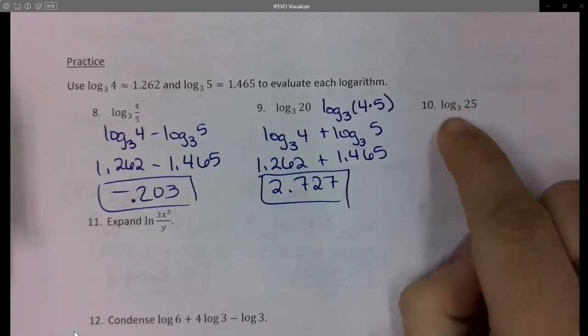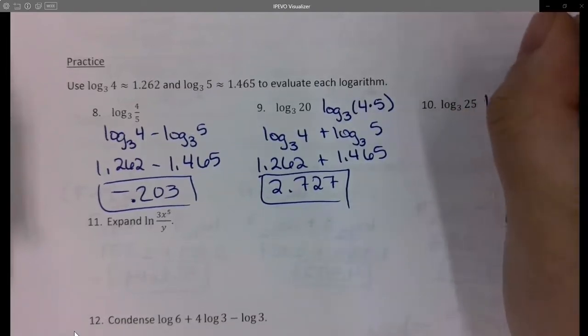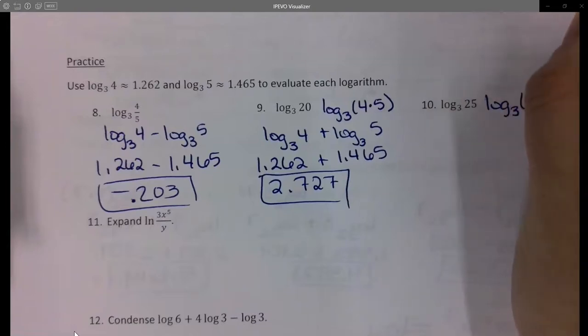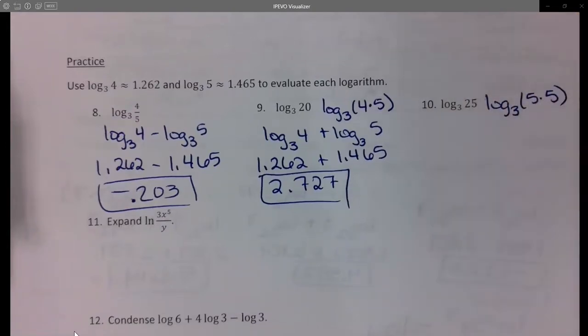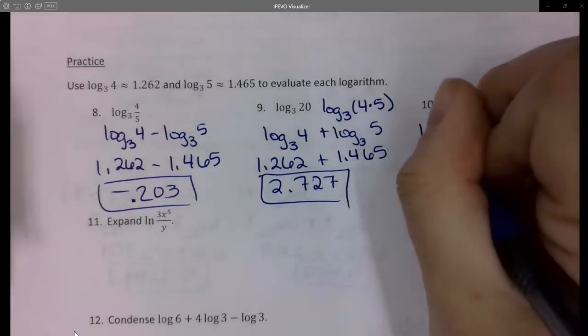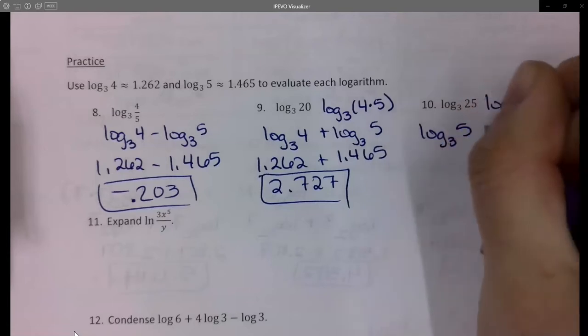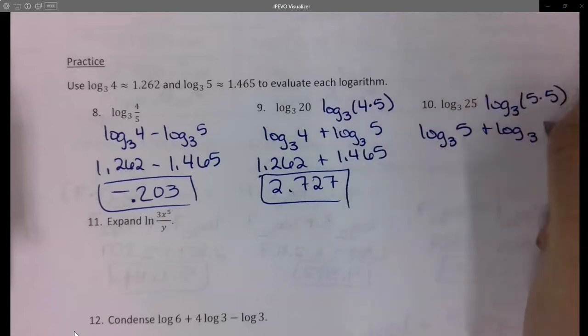On 10, I can rewrite 25 as 5 times 5. So I'm going to have log base 3 of 5 plus log base 3 of 5.